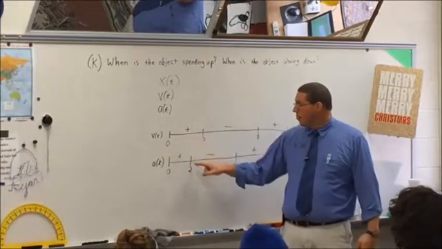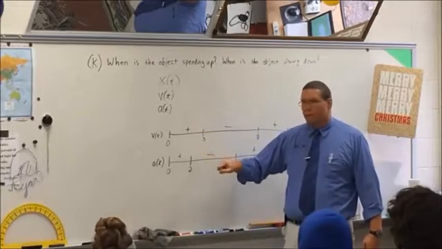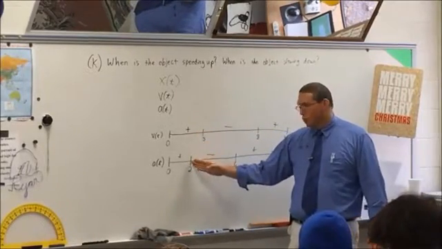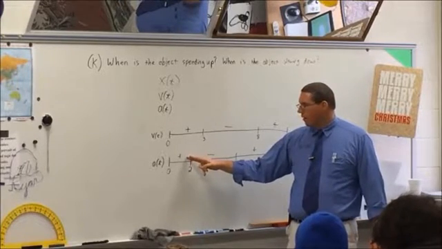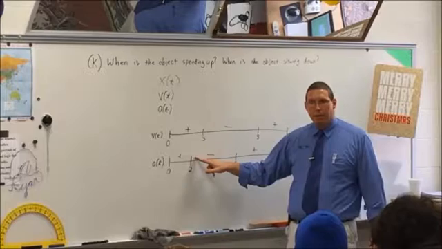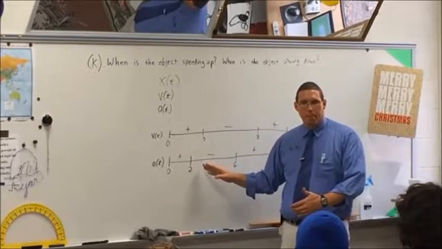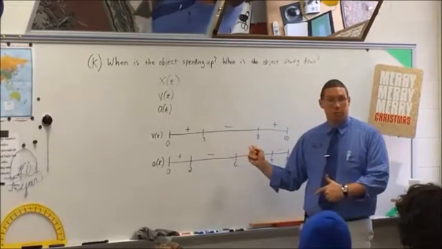We know before 2, the signs of velocity and acceleration are the same. But at 2, the sign of acceleration changes to negative. So when is this period going to stop? At 3, when the sign of velocity changes.